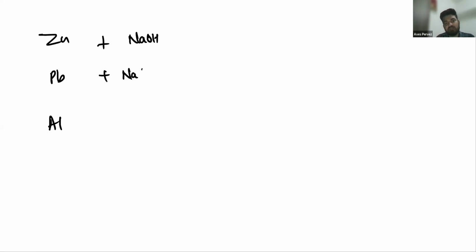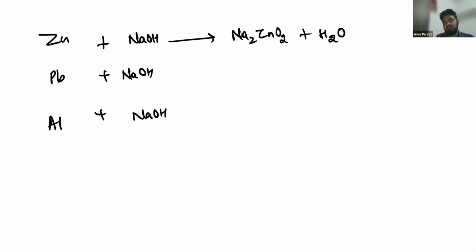Properties of metals like zinc, lead, and aluminium: when they react with NaOH, which is a base, they give a particular salt that we have written. That is sodium zincate, Na2ZnO2, plus hydrogen gas.